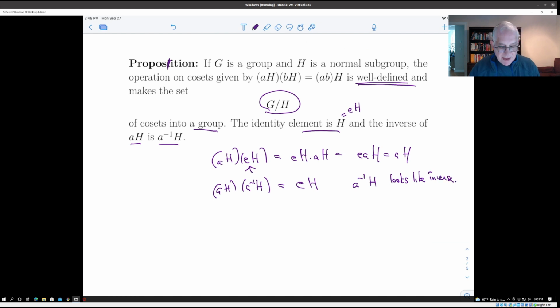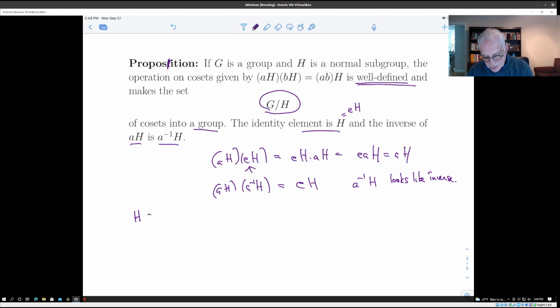But this business about being well defined is where the catch really comes in, because remember that these cosets are not single things, they're sets of things. And for example, let's look at the coset H itself.